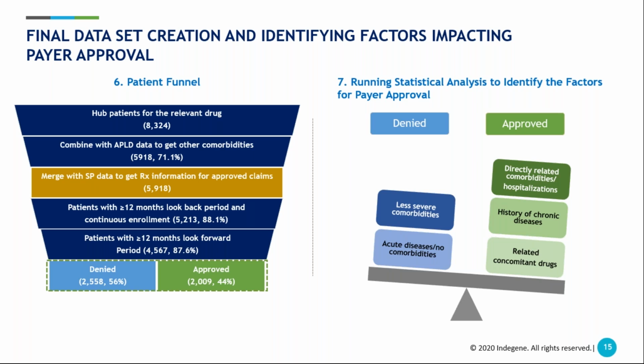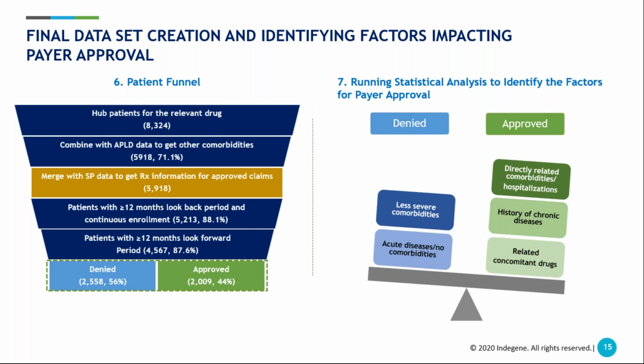But when we further validated it at the individual geography level, we observed cases wherein the patient fell in the other bucket, as in they had a history of comorbidities and were receiving concomitant drugs related to the therapeutic area, yet their claims weren't getting approved.